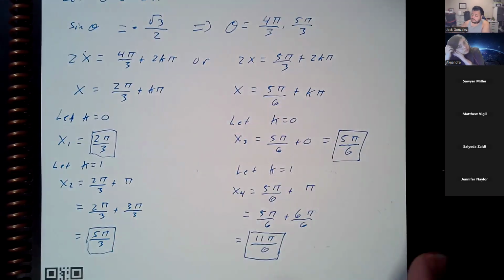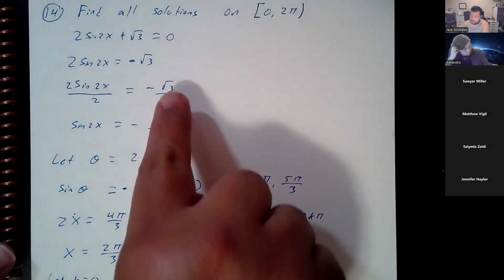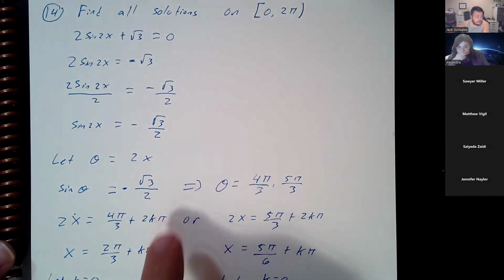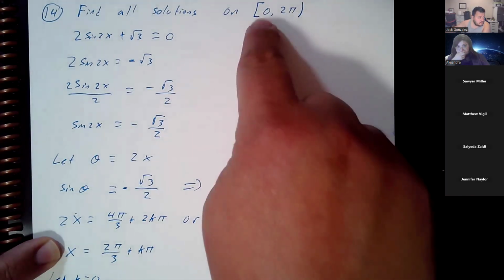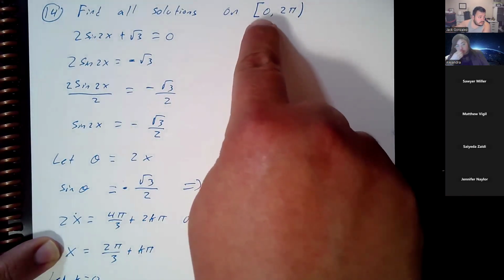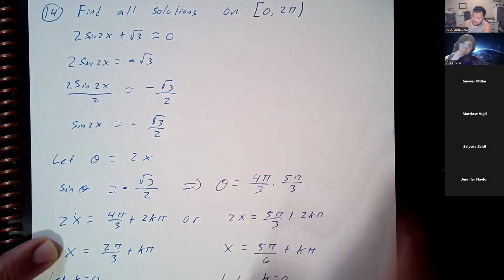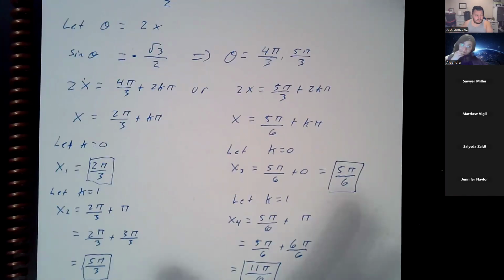So what I did was find the solutions in general for all solutions. Then I went back and answered their question for the solutions on 0 to 2 pi. So now I don't want to get an infinite number. I just want to get the ones that are inside 0 and 2 pi. So that's what these are.